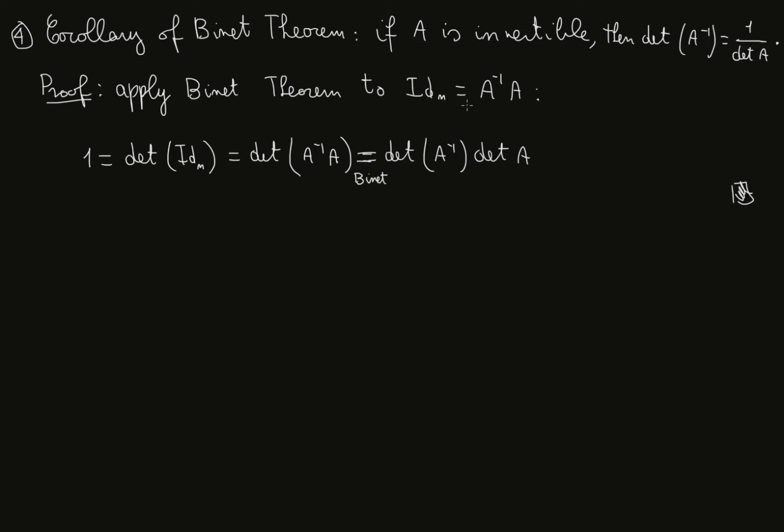But by this equality, the determinant of the identity matrix equals the determinant of A inverse times A. But by Binet theorem, this determinant is the product of the determinants of the two matrices. So the determinant of the inverse of A times the determinant of A equals 1. And we can make explicit the determinant of the inverse matrix of A as 1 over the determinant of A.